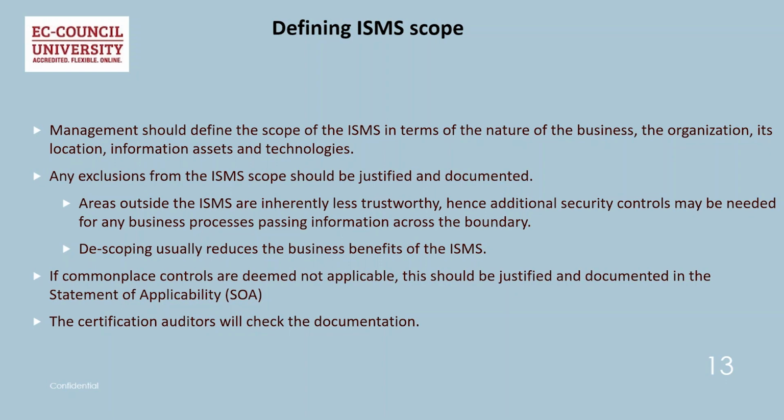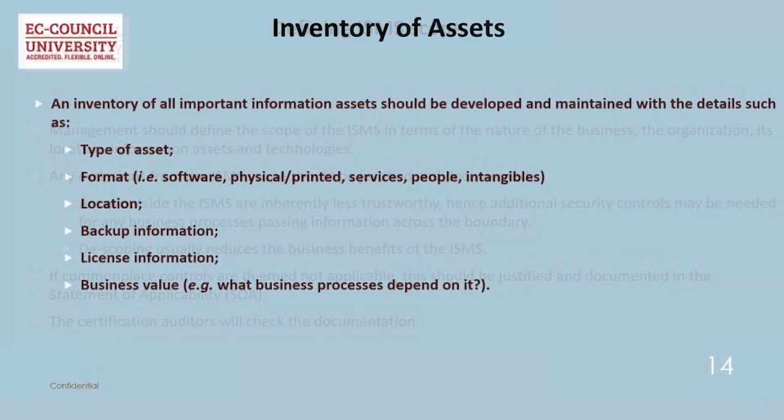And there is a statement of applicability, wherein you document the various requirements and say that these are applicable. If something is not applicable, it should be justified and documented in the statement of applicability. The auditors will check this documentation. This is a very important piece of information.